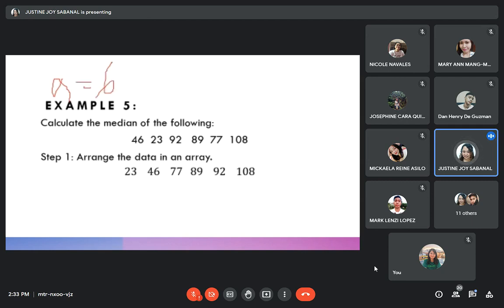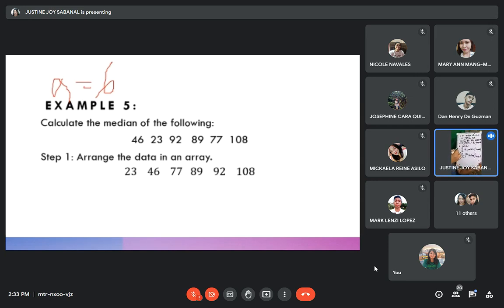Anything na multiple of 2 po ay considered as even number: 2, 4, 6, 8, 10, 12, 14, and so on. Dahil even number yan, meron tayong dalawang centermost value. Tingnan natin kung nasaan yung dalawang value na i-consider natin for the median.